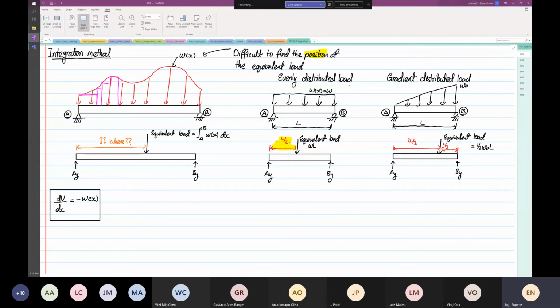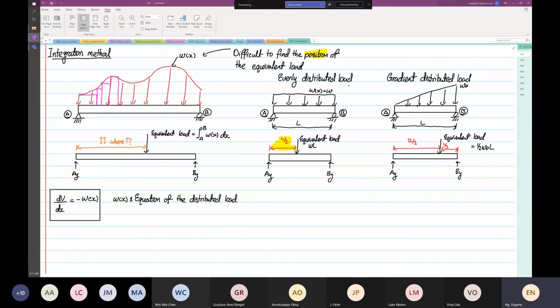This is the first formula, where omega as a function of x is the equation of the distributed load. So now let's say your distributed load is omega x on this diagram.